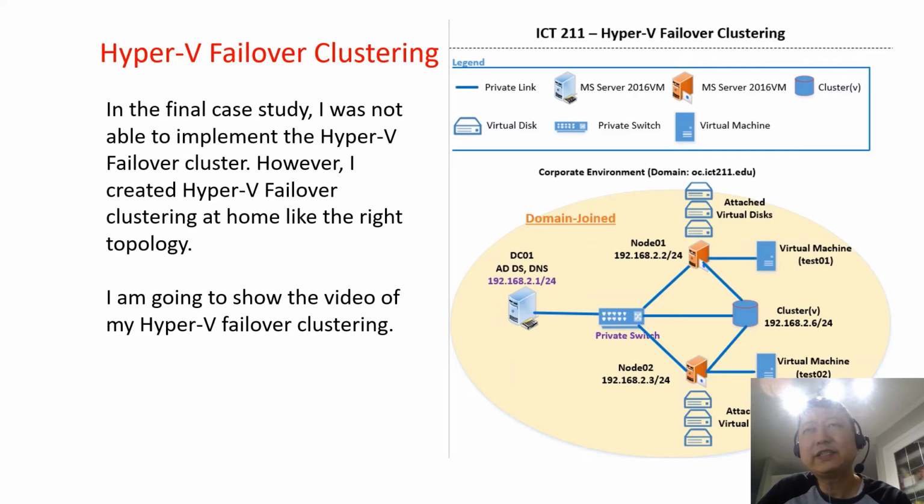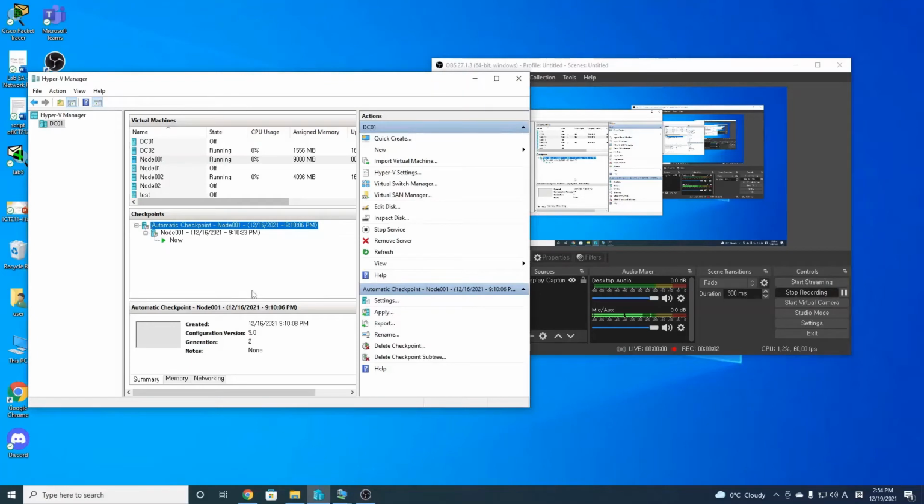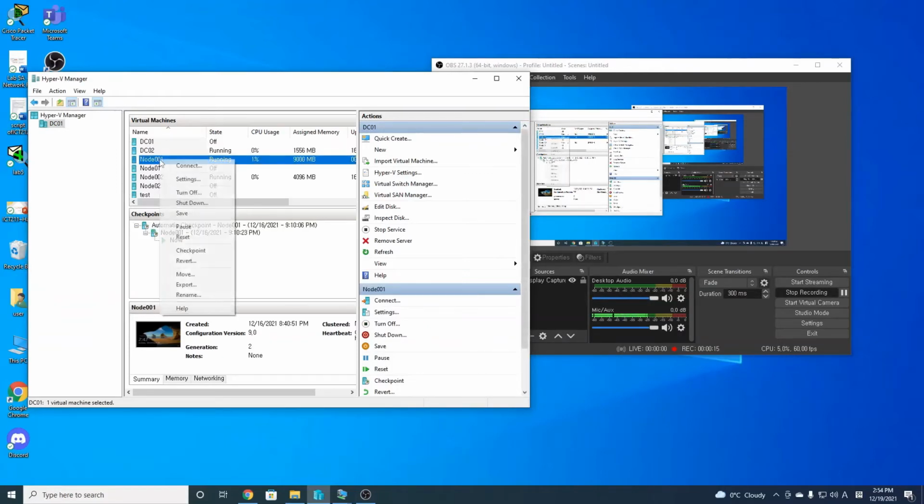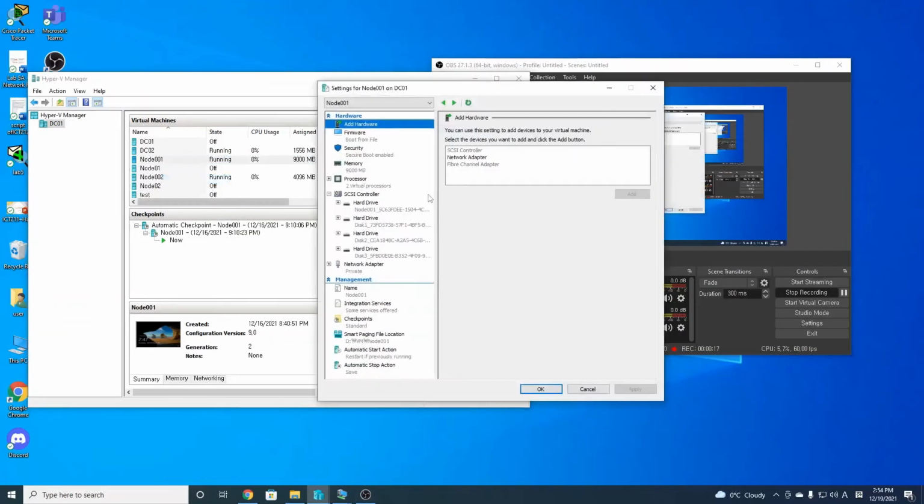I attached 3 virtual disks on each node server, and I created a virtual machine on the node servers for Hyper-V. I created 3 virtual machines. One is a domain controller, the others are node 1 and node 2 servers. Let's look at the settings of a node server.